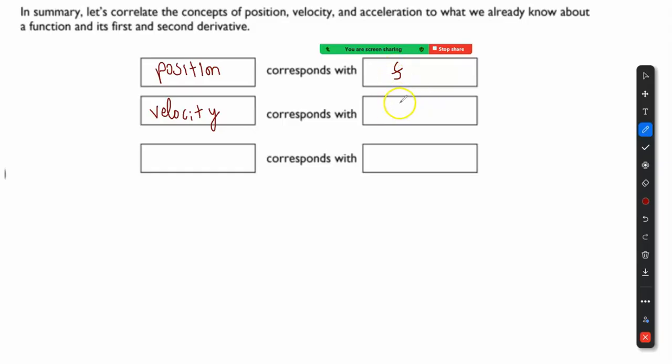The rate of change of f is the derivative of f, or f prime. The rate of change of velocity is acceleration. The rate of change of the first derivative is the second derivative.